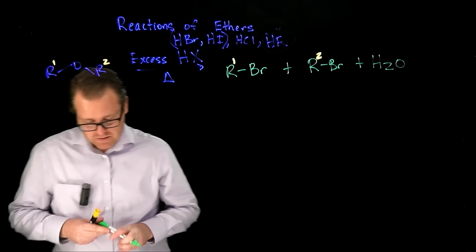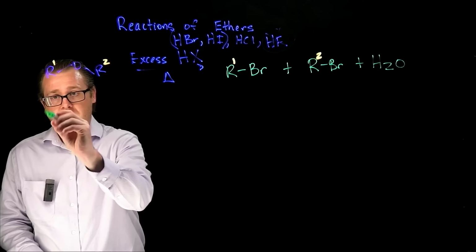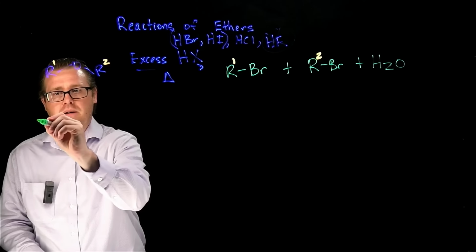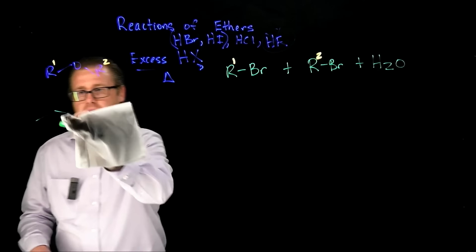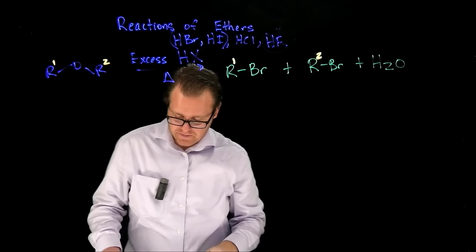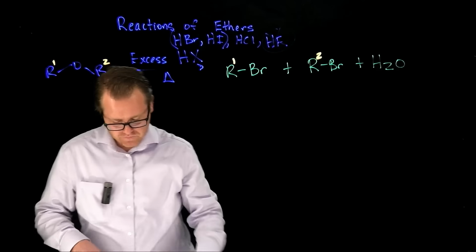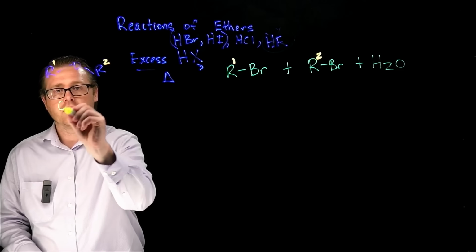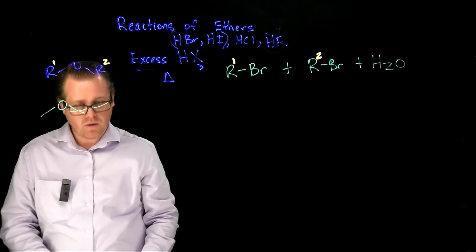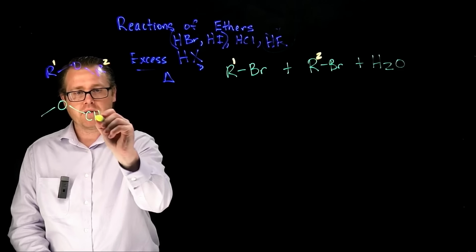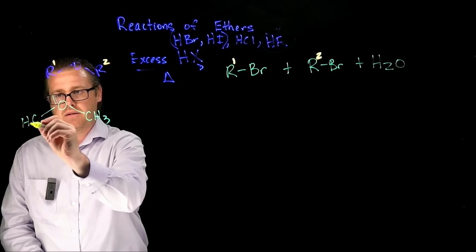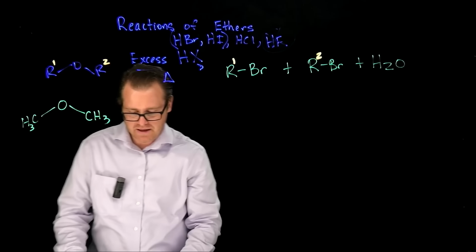Okay. So if we have, let's do dimethyl ether here, right, like so. We can draw in our methyls if we'd want, but that's going to be a little cumbersome as I continue through this mechanism.